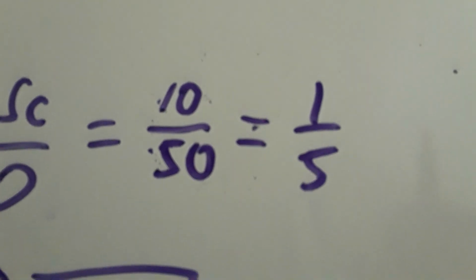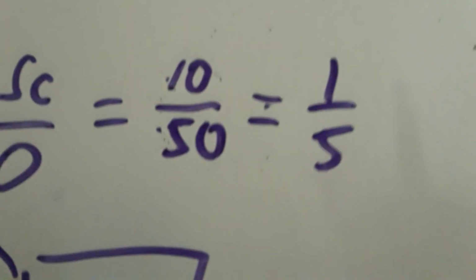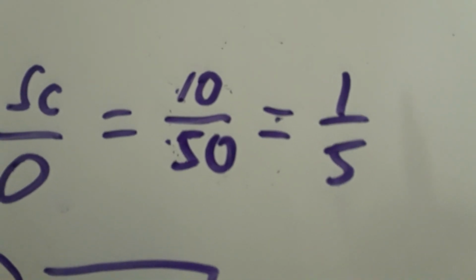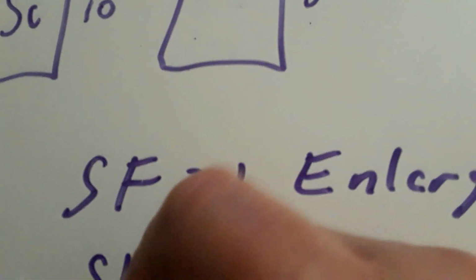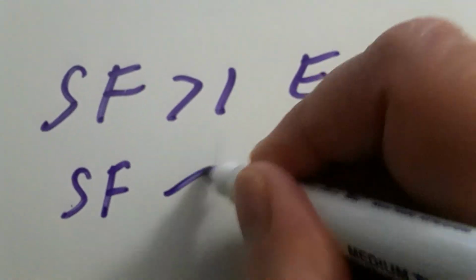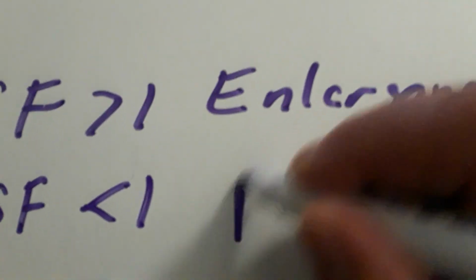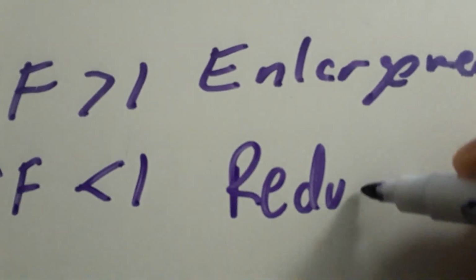So that would mean that the scale diagram is only 1/5 the size of the original. And again, as you might imagine, just as a scale factor greater than 1 means an enlargement, a scale factor of less than 1 means that you're dealing with a reduction.